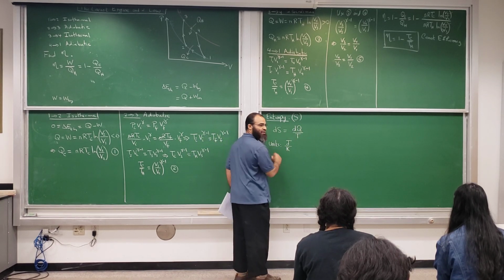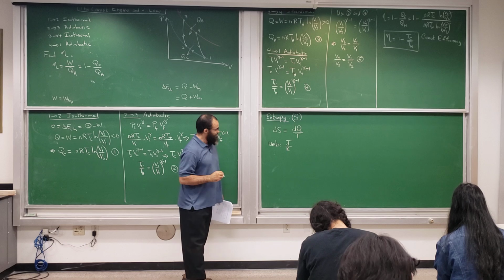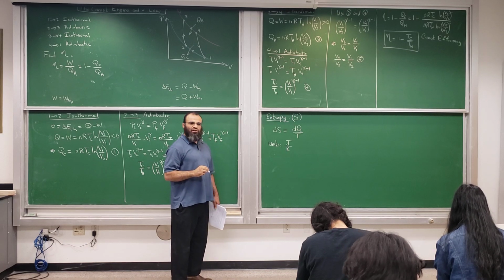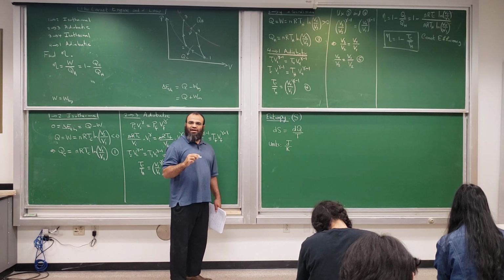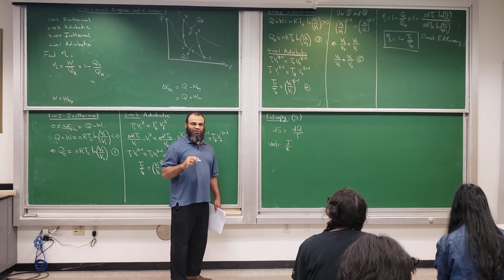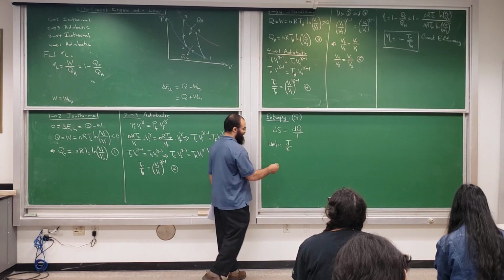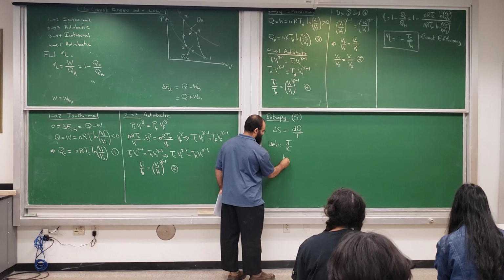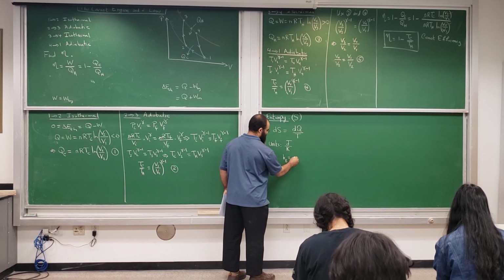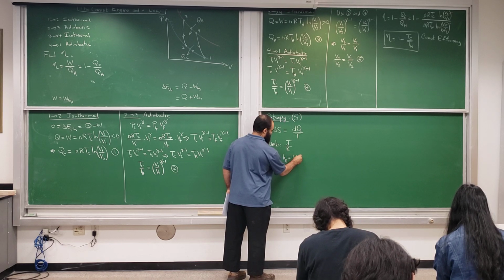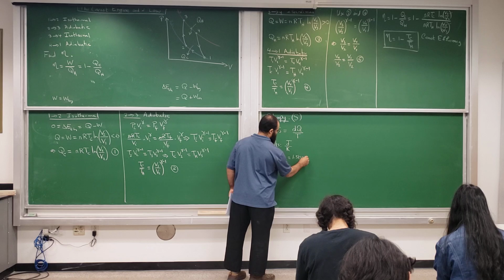T is temperature. Where have we seen a constant that had units of joules per Kelvin? Yeah, the Boltzmann constant. So kB would be 1.38 times 10 to the minus 23 joules per Kelvin.